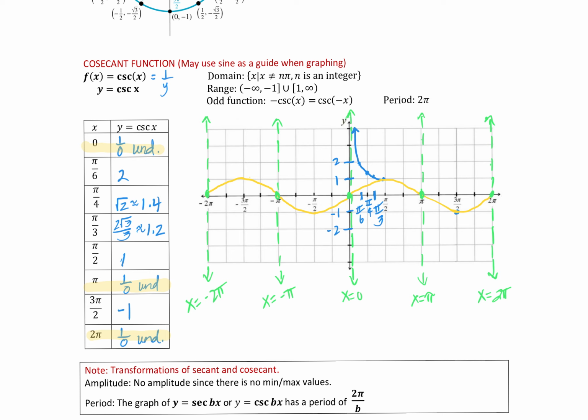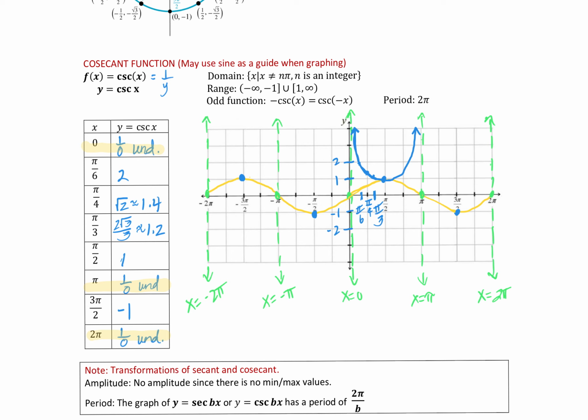From 0 to pi over 2, the sine function is going up, but the cosecant function is actually coming down towards 1. They share the point 1, and they'll share the point negative 1. So all the 1s and all the negative 1s are shared by both sine and its reciprocal cosecant. But cosecant is going to do the opposite: if sine goes up and down, it's going to curve in the opposite direction and follow the asymptote.